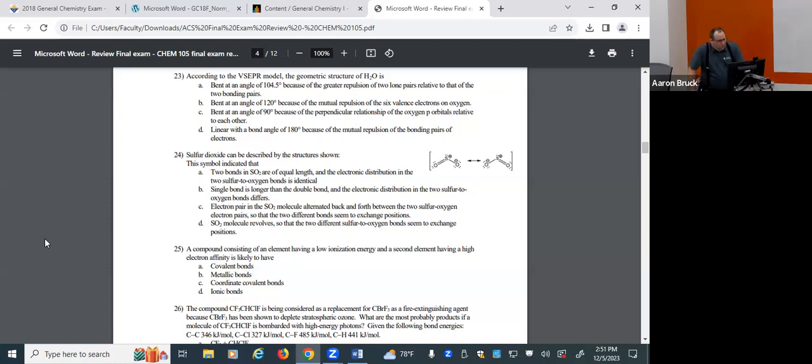So what do we call the structures that are shown here in number 24? I've got two different depictions of the same molecule. Yeah, this is resonance. So what does resonance indicate?